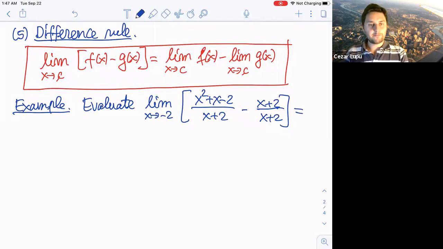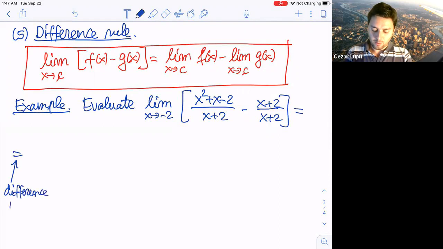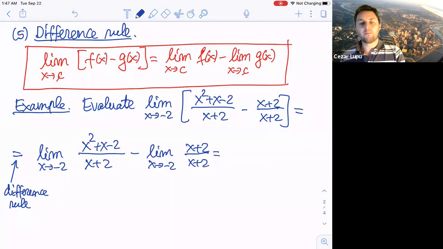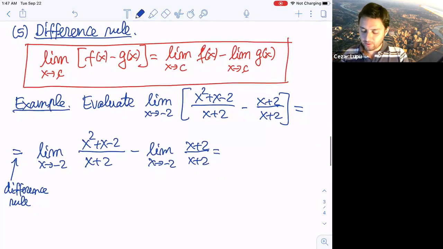By the difference rule, this would be equal to the limit as x approaches -2 of (x squared plus x minus 2) over (x plus 2) minus the limit as x approaches -2 of (x plus 2) over (x plus 2). Well, as we previously have seen, this is -3 minus 1, which will give us -4, right?